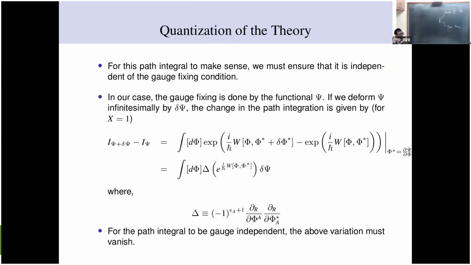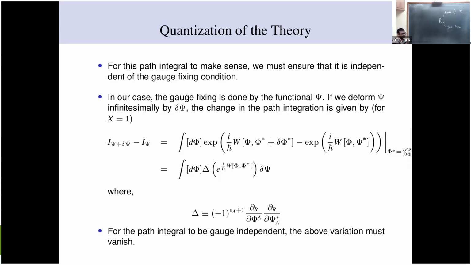Why is the result zero? Because we want this to be gauge independent. Whether you use psi or psi prime, it should be the same. We are demanding that, because we want it to be zero, so we just set it to zero.